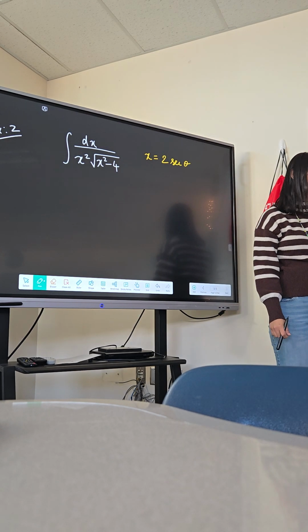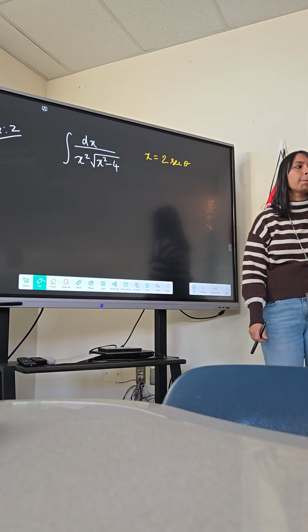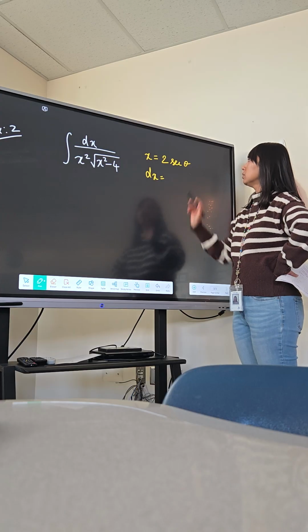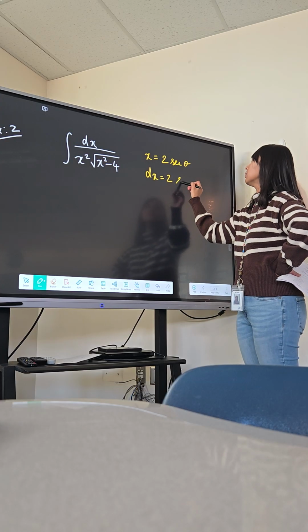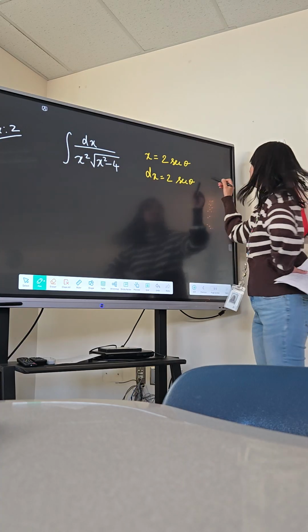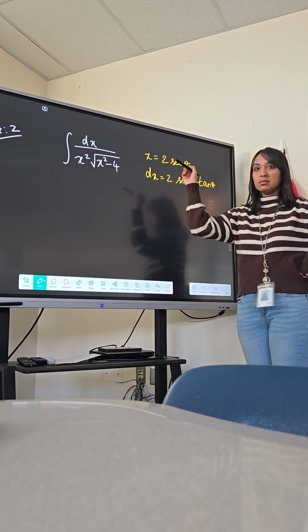Why 2? Because of the square root of 4. Yep. Okay. Now dx is what? It's going to be sec theta tangent theta d theta.